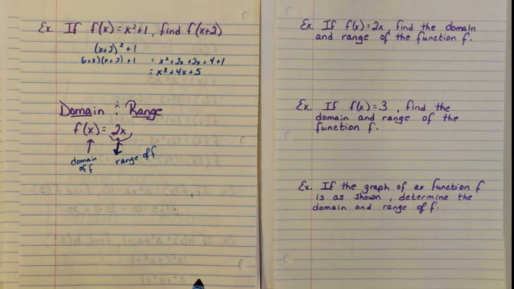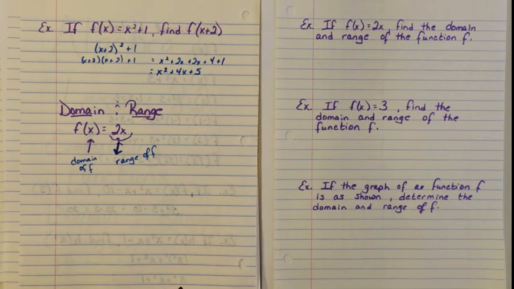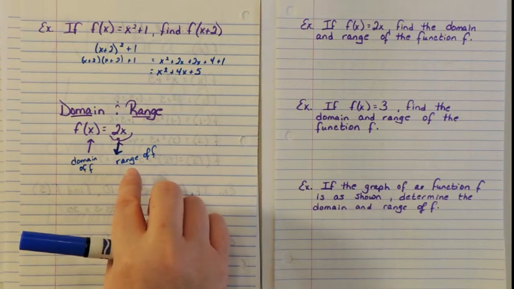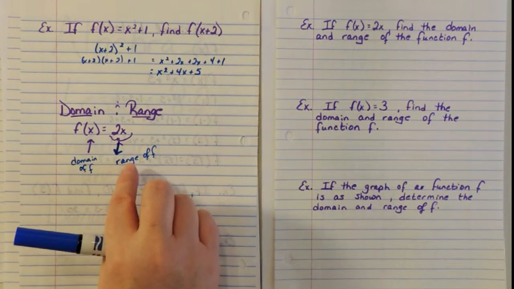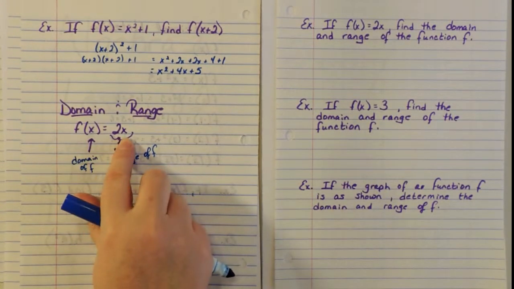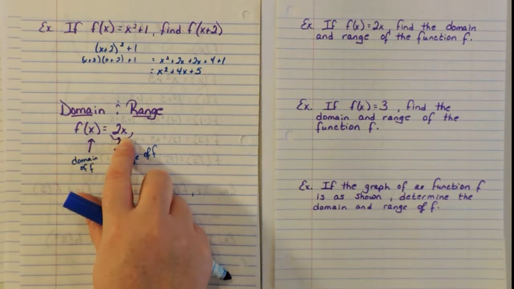We say an x value or a solution is acceptable if the value that we either put in or get out does not require us to take the square root of a negative number or divide by 0. We need real numbers for these, so we can't end up with the square root of negative 3, because that's an imaginary number.